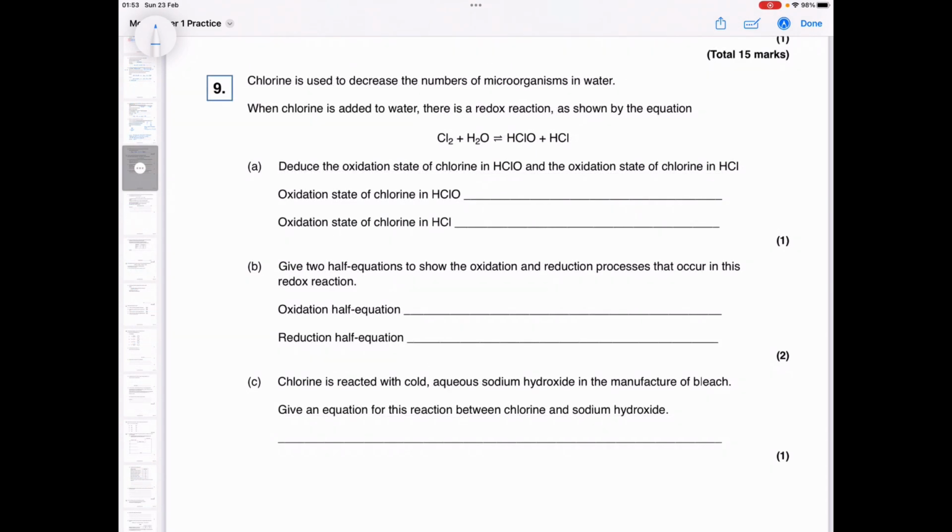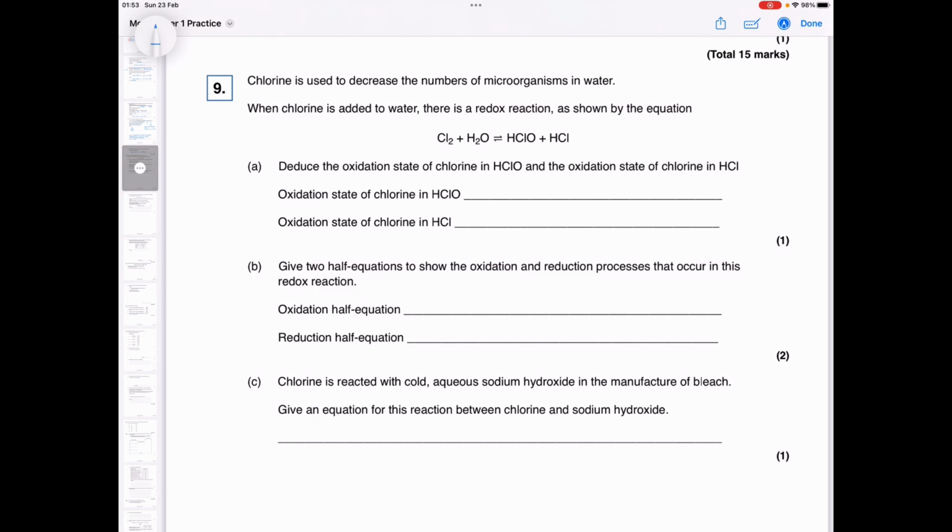Okay, question 9. Chlorine is used to decrease the number of microorganisms in water. When chlorine is added to water, there is a redox reaction as shown by the equation. We've just been looking at that one in the previous question, so it should look quite familiar. Deduce the oxidation state of chlorine in HClO and the oxidation state of chlorine in HCl.